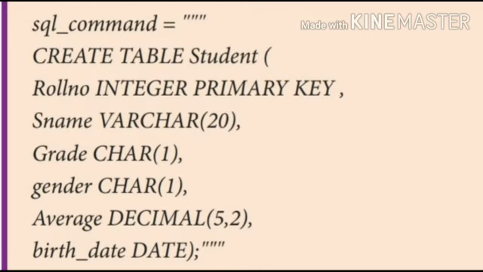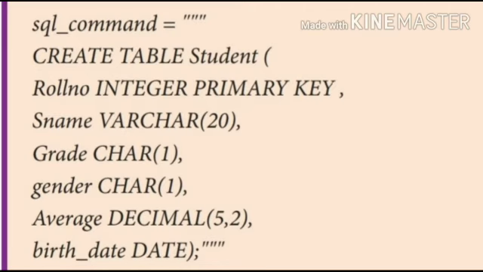The next field is gender, also of data type char, and the size is 1. Average, decimal, after the decimal point supports only 2 digits, so here we give 5, 2. And then birth date, which is of data type date. At the end of the SQL command we give a semicolon and then close the triple quotes.